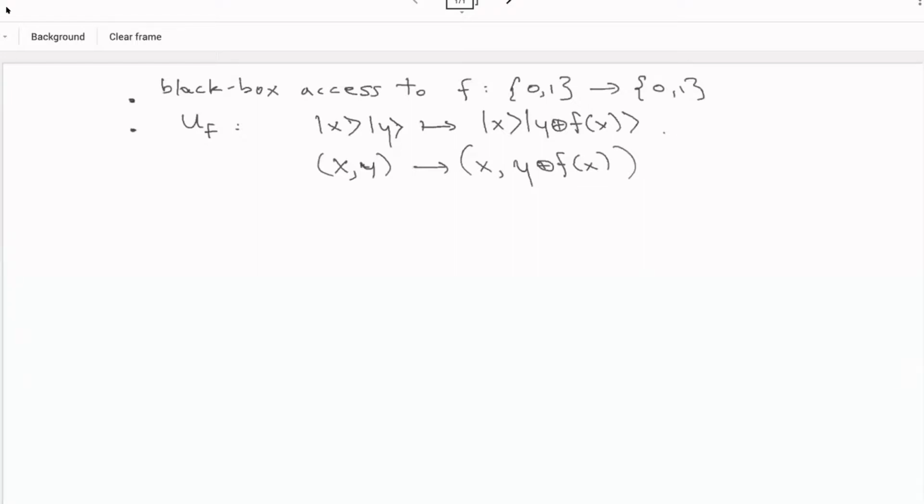Classically, even with access to this, I still need 2 queries, because any single query that I make, I will choose a particular x, and I will only ever get information about f of x, but not about the other value. To determine whether the function is constant or balanced, I need information about both.